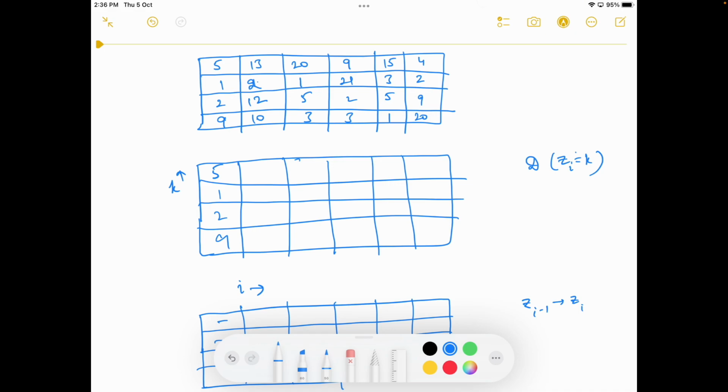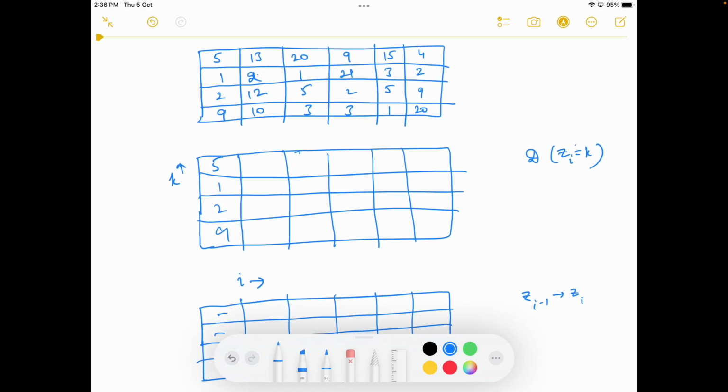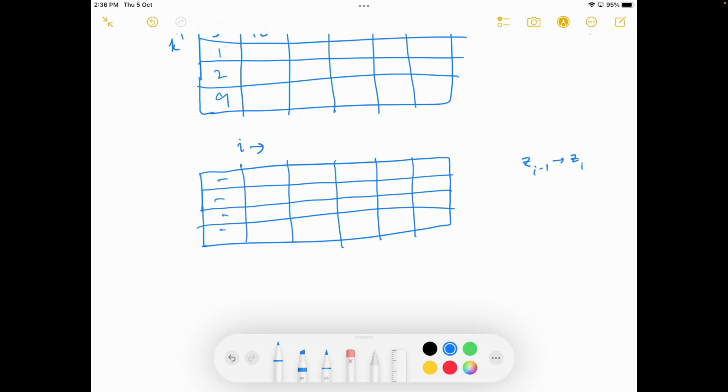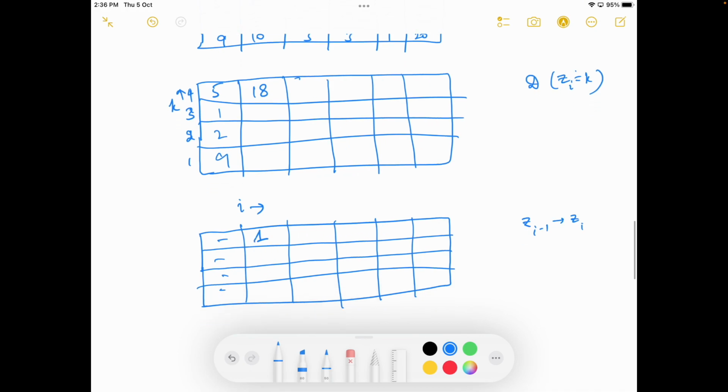So what is the cumulative score here, capital D? 18. And what is the link? To come here, I come from K equal to 1, 2, 3, 4. So the previous one is 4.